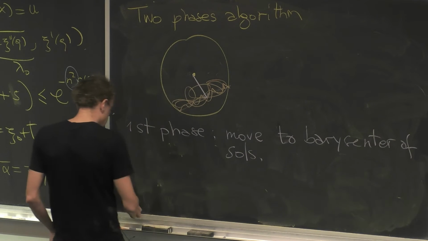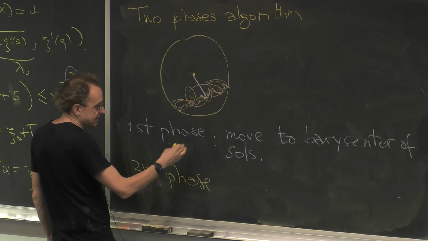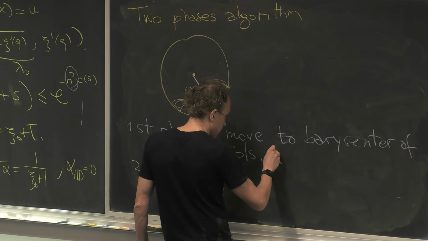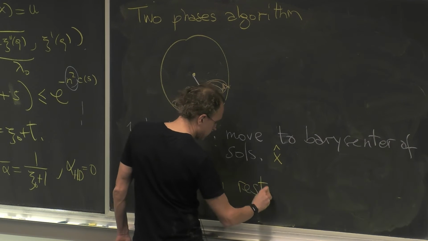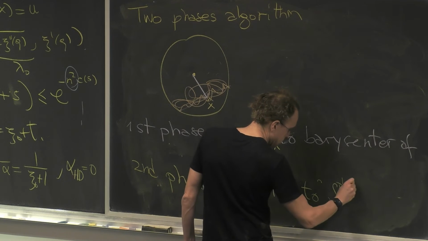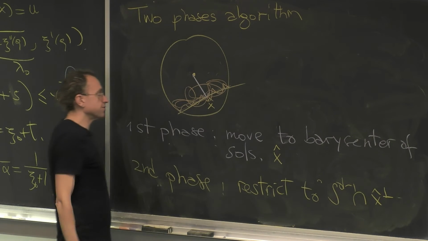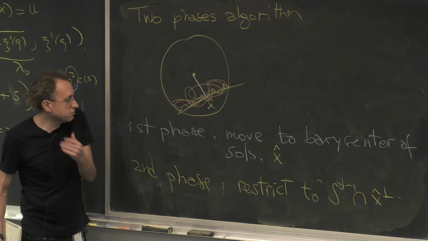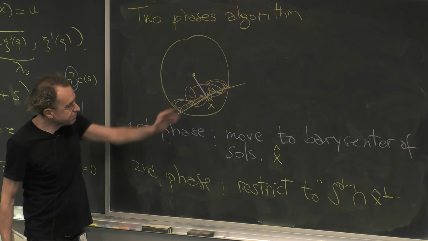And the second phase: once you move to the barycenter of solutions, let's call this x hat, you restrict to the subspace S^{d-1} intersected with x hat orthogonal. So you restrict to the band on the sphere orthogonal to this point. This means adding one more equation, which for what we are doing is not a big deal, and there will still be many solutions.